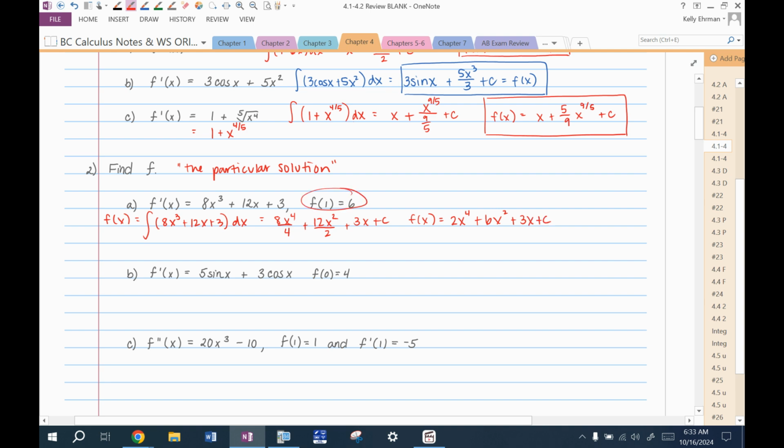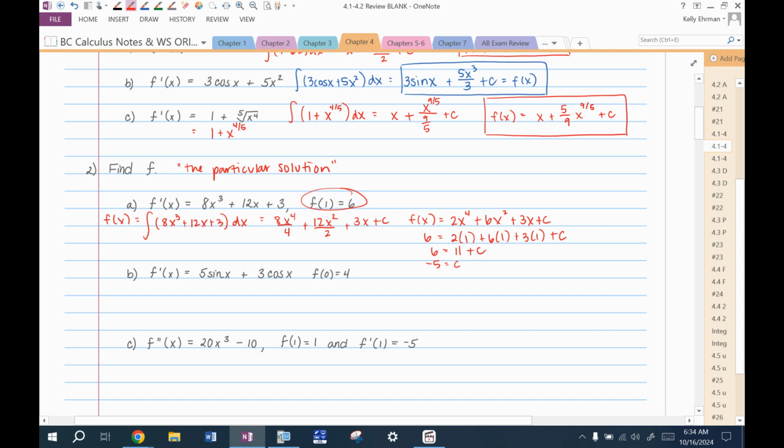Now apply this condition that they've given you. So f of x is equal to 6 when you have an input of 1. And that will allow us to solve for the constant of integration c. So 2 plus 6 is 8, plus 3 is 11. So solve for c, you get negative 5.